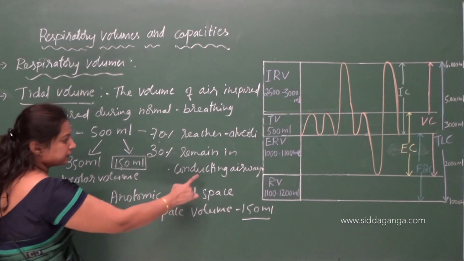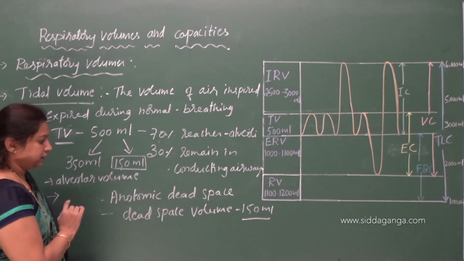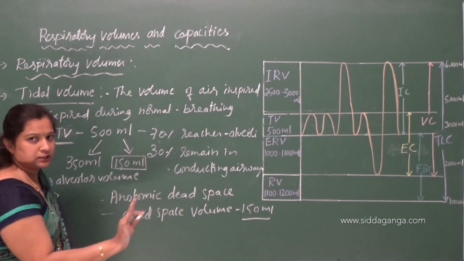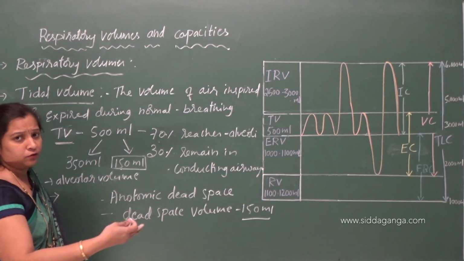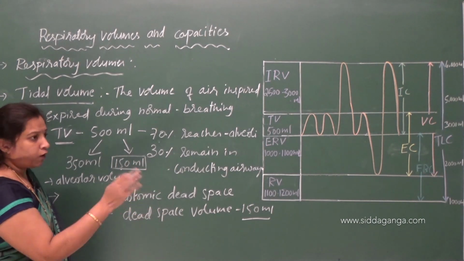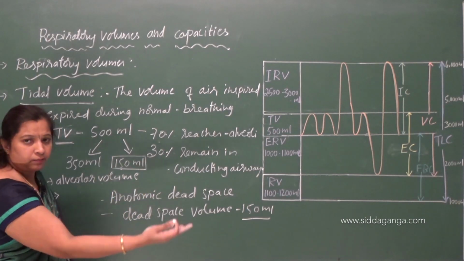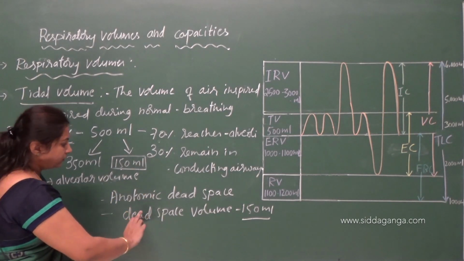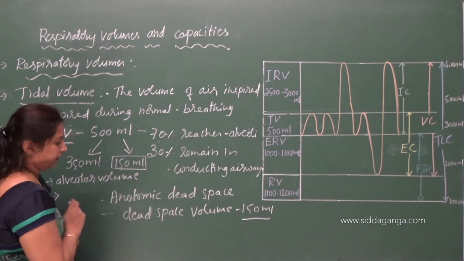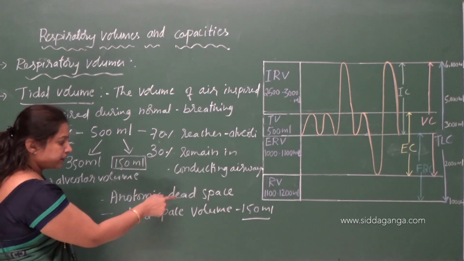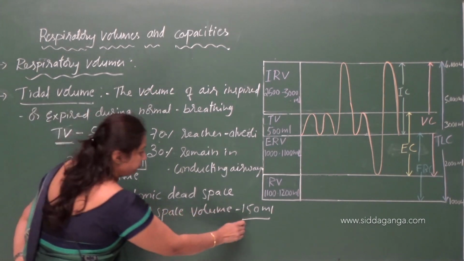So anatomic dead space is the conducting airways with air which is not involved in respiratory exchange. We can call the trachea, bronchi, bronchioles all conducting airways. The air present in these airways which is not available for respiratory exchange, that area is called anatomic dead space. And the volume of air present in this space is called dead space volume. So it is 150 ml.